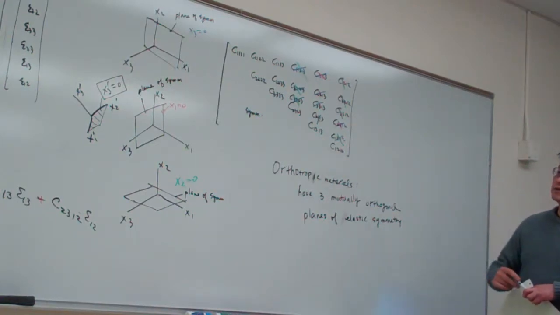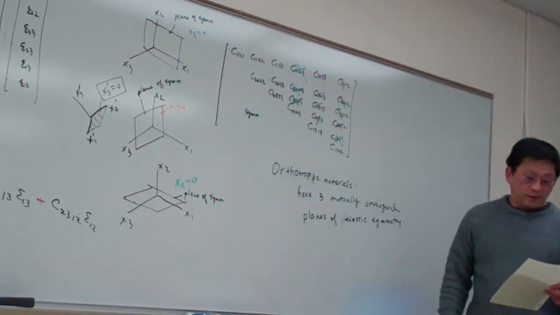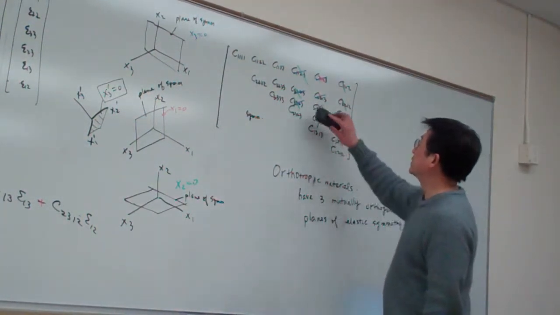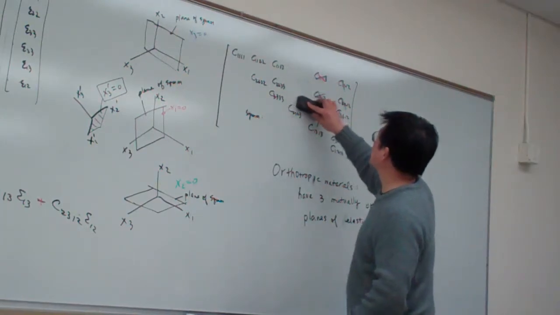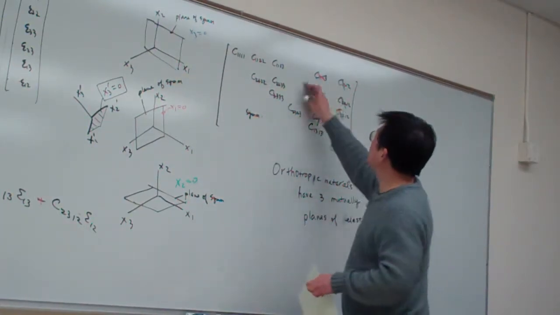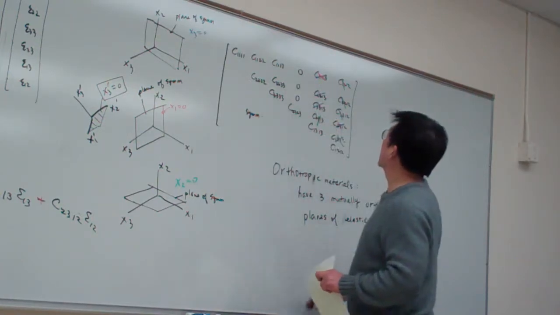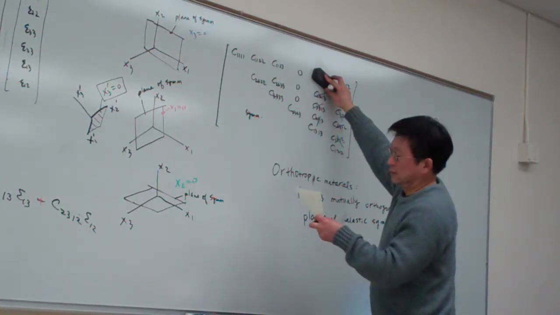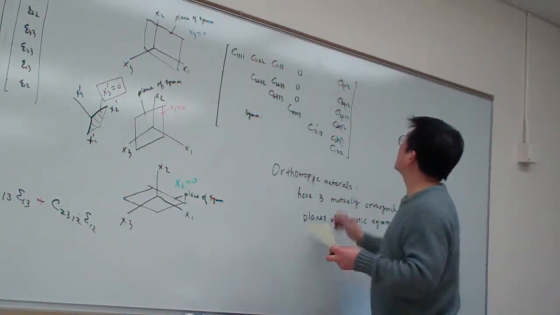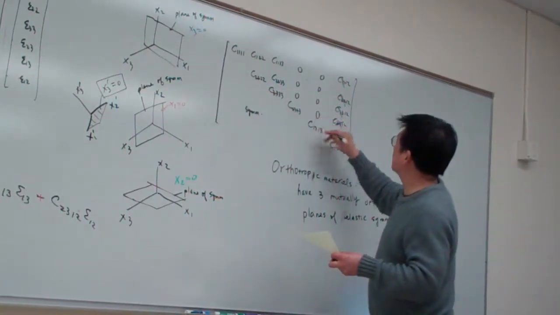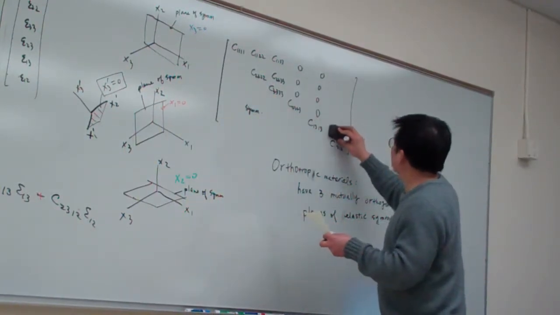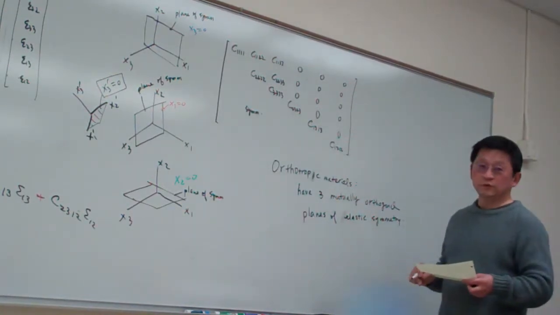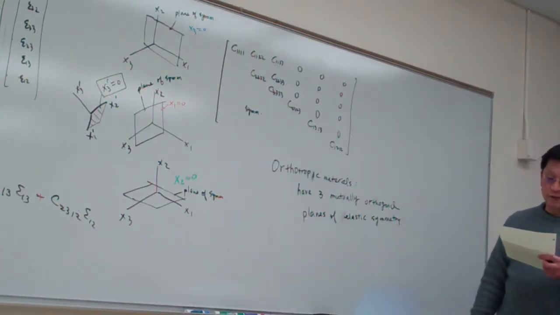So for this case, the contents of the orthotropic material will be something like this. So this one will be 0, 0, 0. And those four will be 0. And those 5 will be 0. So this is the result after we proceed with this kind of calculation.